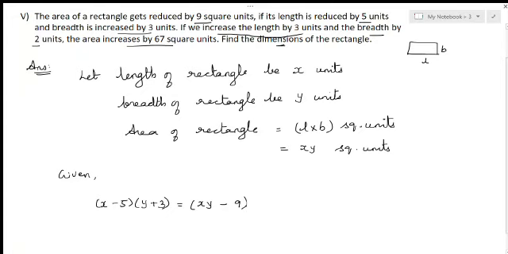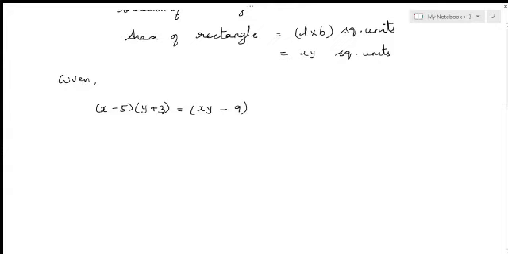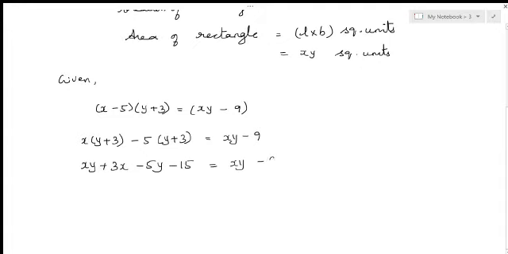Let us multiply and solve this equation first. So (x minus 5) into (y plus 3) equal to xy minus 9. Multiply now. x into y is xy, plus x into 3 is 3x, minus 5 into y is minus 5y, minus 5 into 3 is minus 15, equal to xy minus 9.